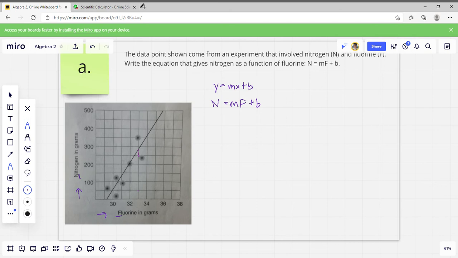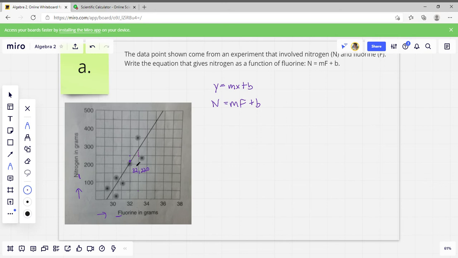Let's go here. So this would be about point, that's going to be our 32 on our x value. And then our y value, let's see, that's 200, that would be 250, so probably 220. Something like that.